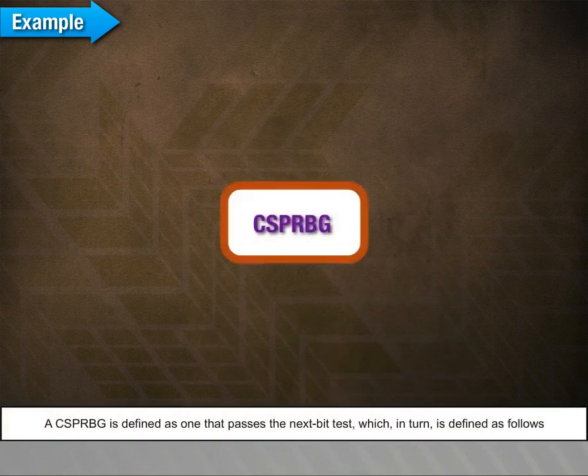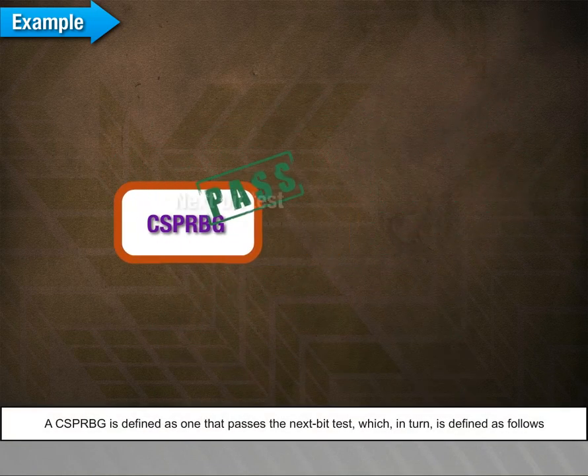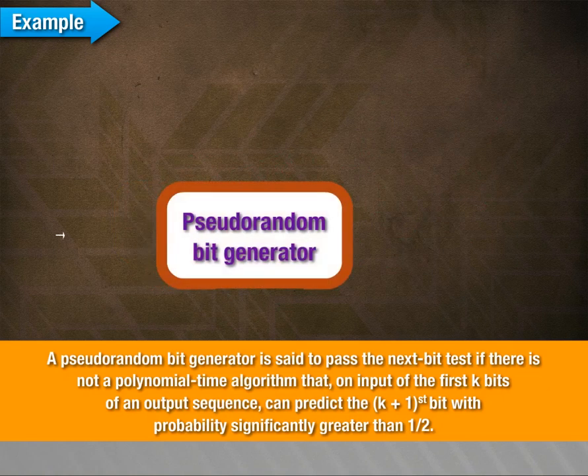A CSPRBG is defined as one that passes the next bit test, which in turn is defined as follows. A pseudo-random bit generator is said to pass the next bit test if there is not a polynomial time algorithm that, on input of the first k bits of an output sequence, can predict the k plus 1 bit with probability significantly greater than 1/2.